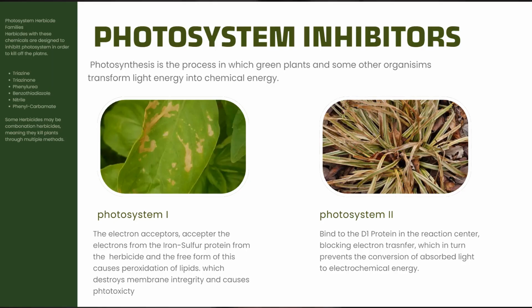There are two main types of photosystem inhibitors, photosystem 1 and photosystem 2. The photosystem inhibitor type 1 attacks the electron acceptors in the plant.